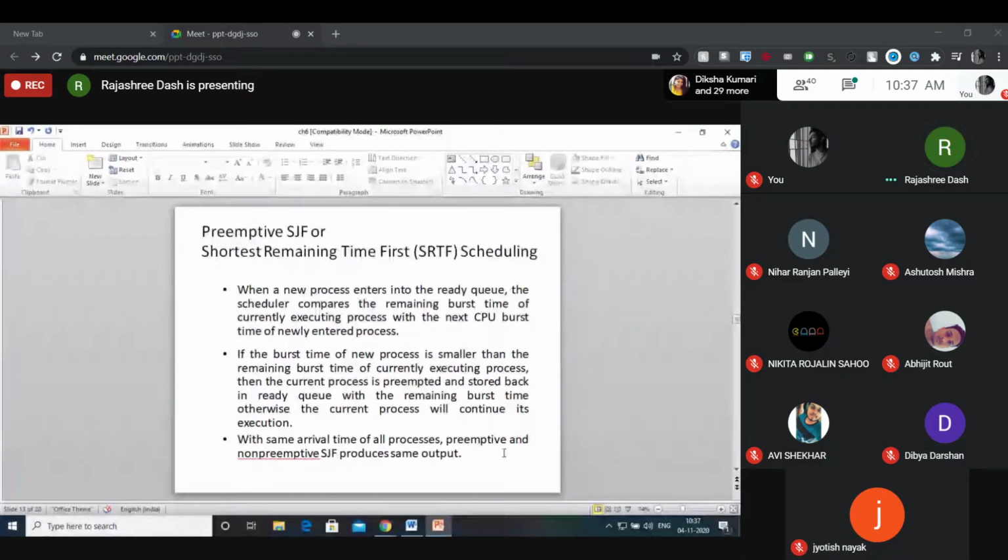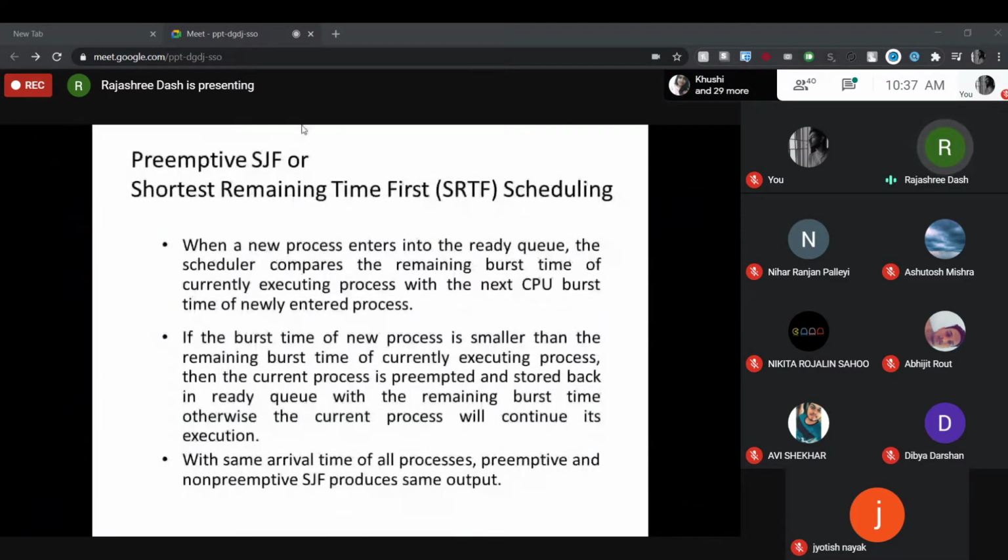Okay. So now come to preemptive SJF, which is known as shortest remaining time first scheduling. So what is preemptive SJF? I have already told you the concept. The CPU scheduling may be non-preemptive or it may be preemptive.